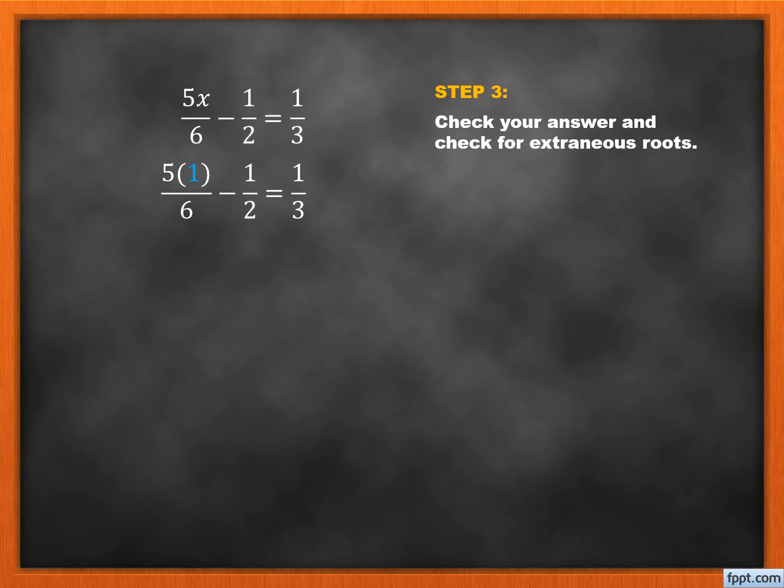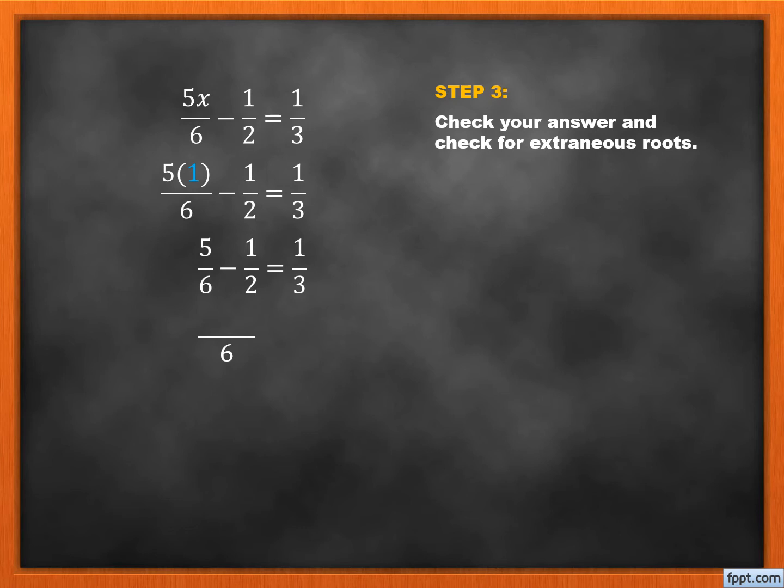Let us check. Multiply 5 times 1. We have 5 over 6 minus 1/2 equals 1/3. Simplifying the left side of our equation, we need the LCD, which is 6, because we cannot subtract 5 over 6 and 1/2 right away.